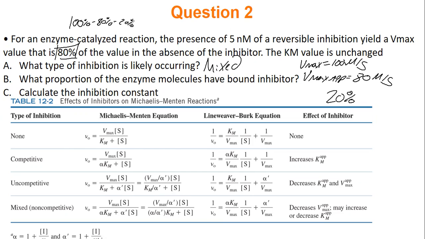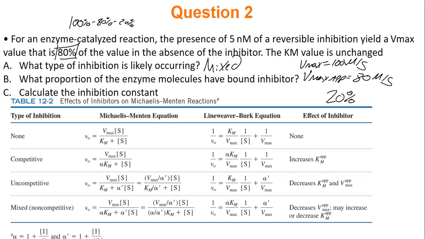All right. Let's do our inhibition constants now. By inhibition constants, I mean alpha and alpha prime. So let's focus on alpha prime here, and let's look at all the equations we can use.